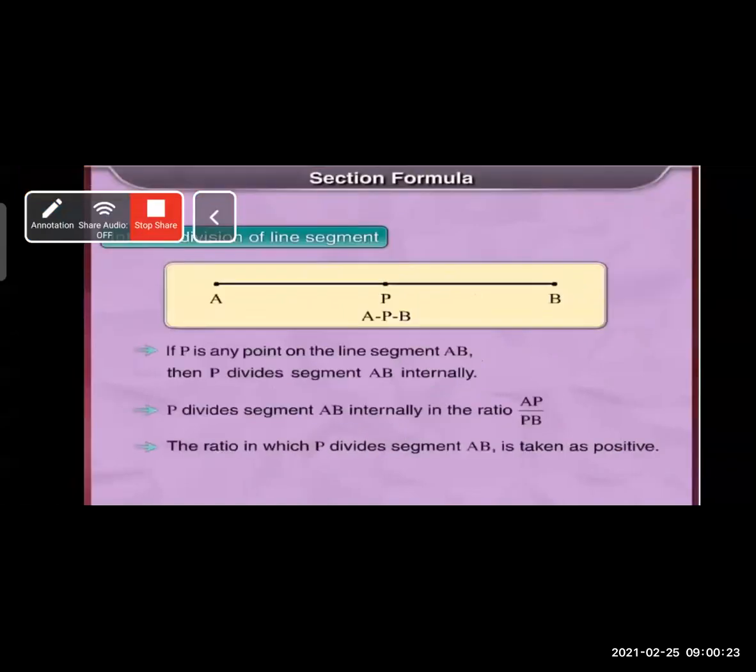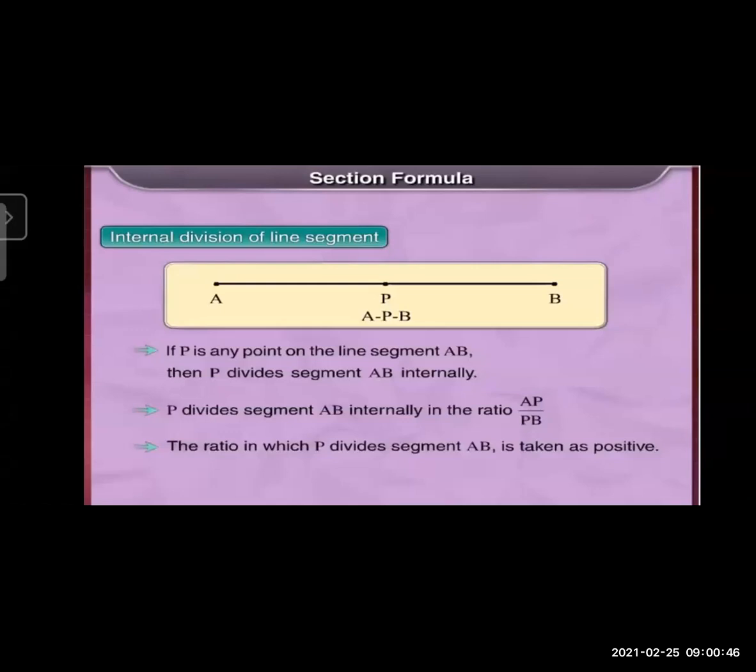Again we discuss the internal division of line segment. If P is any point on the line segment AB, that is, P lies between the points A and B, then P divides segment AB internally.